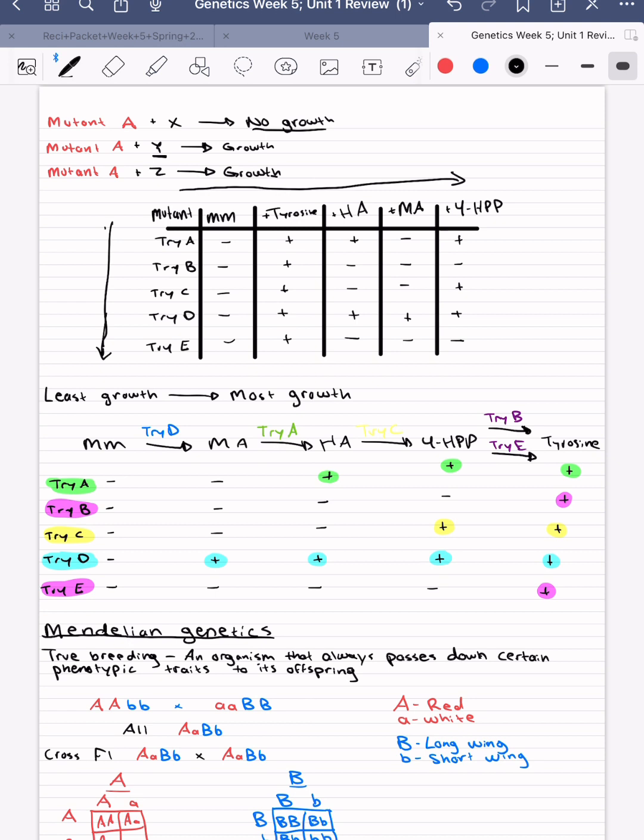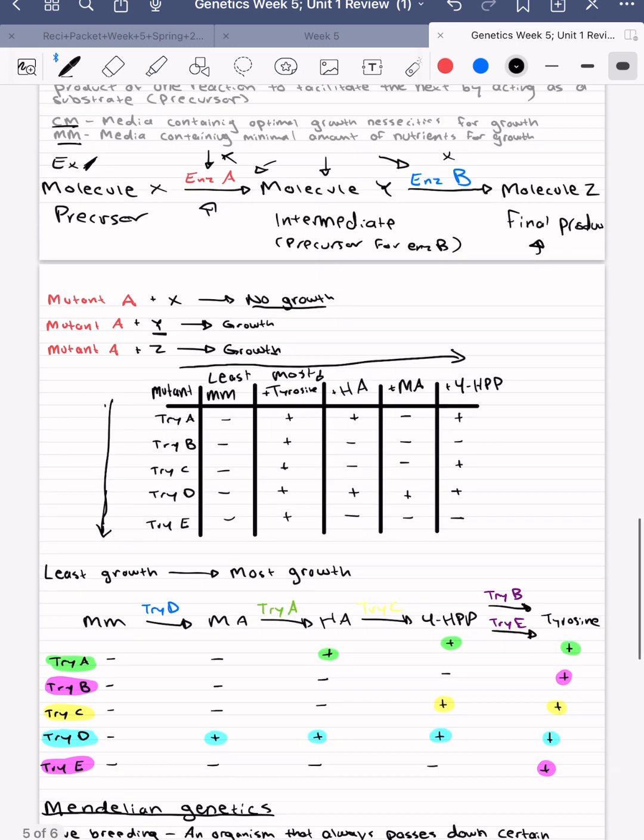So we can see at minimal media, this had the least amount of growth. We can see at tyrosine, this had the most amount of growth. So what this means is, since it had the most amount of growth, this must mean that it's the final product in the pathway. So for example, tyrosine in this case would act as molecule Z. It's the final product of these reactions, which would mean that growth would occur 100% of the time if you added this to the medium.